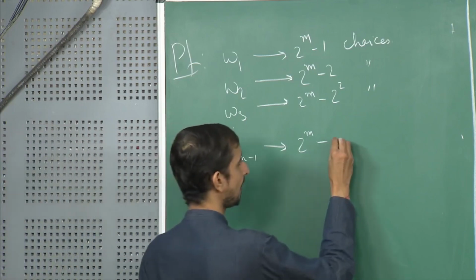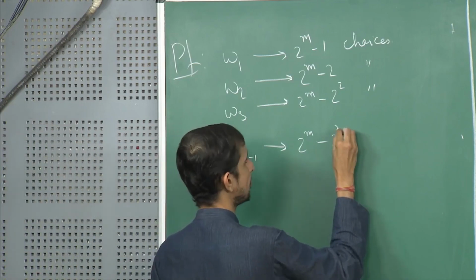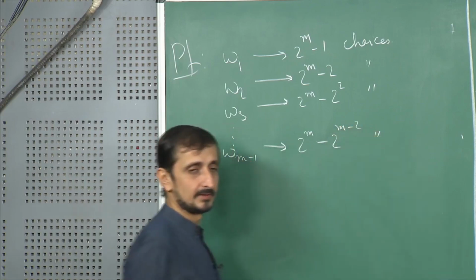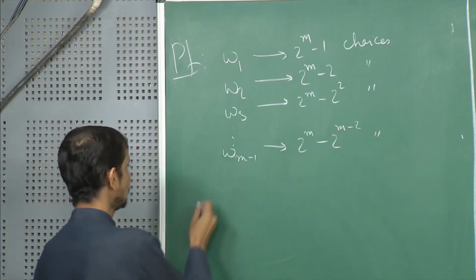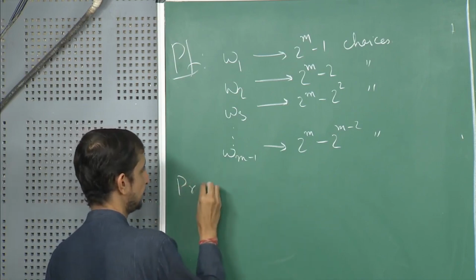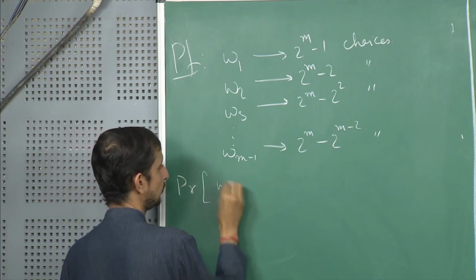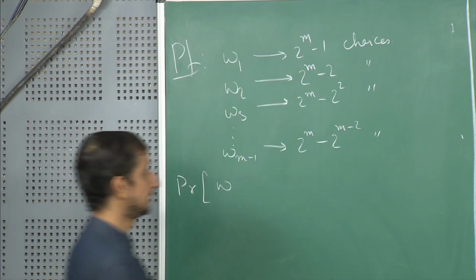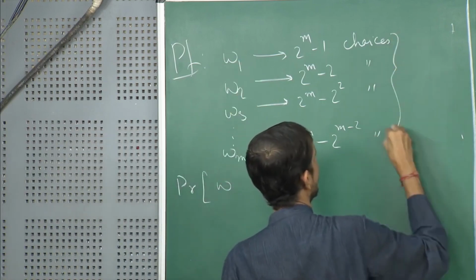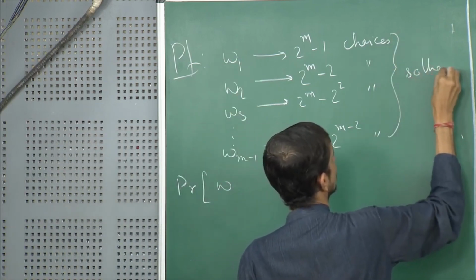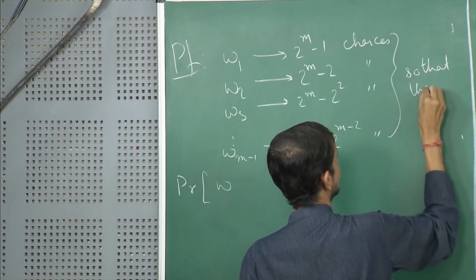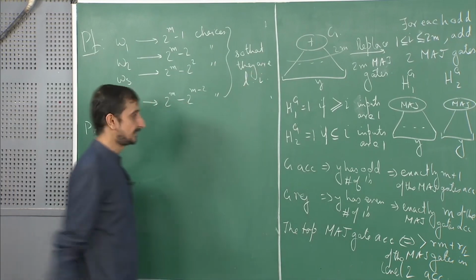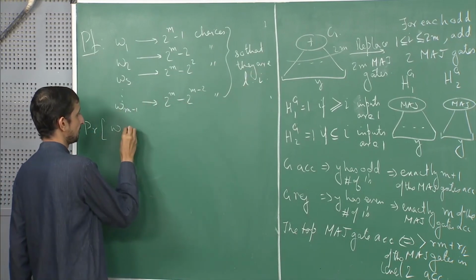So now I will just estimate the probability that all these Wi's, using the number of choices, are such that they are linearly independent.